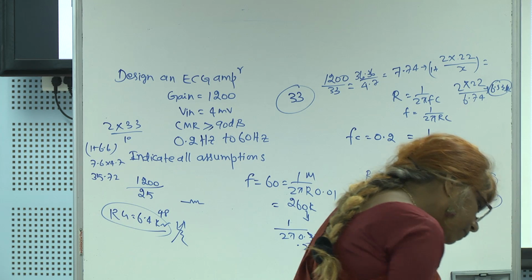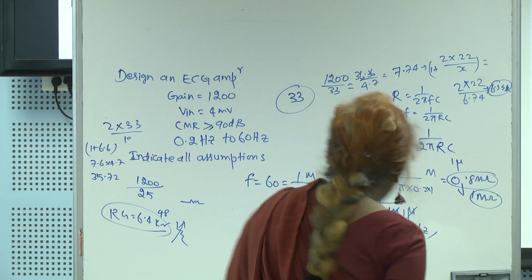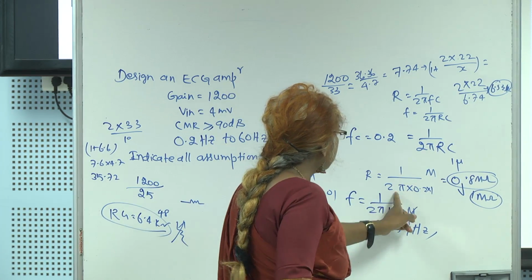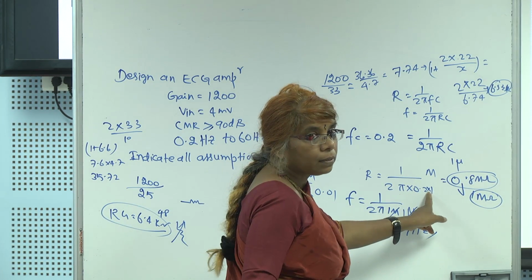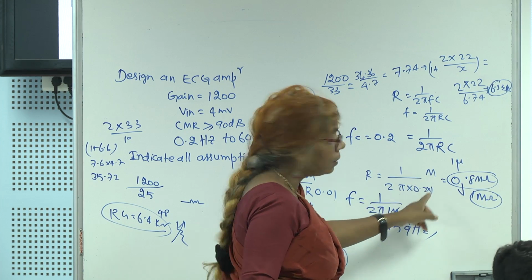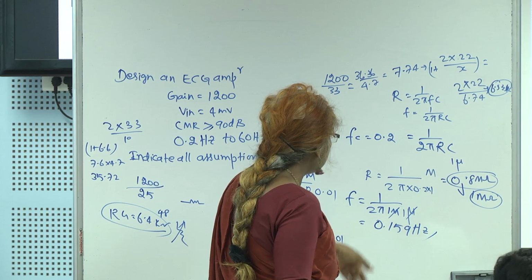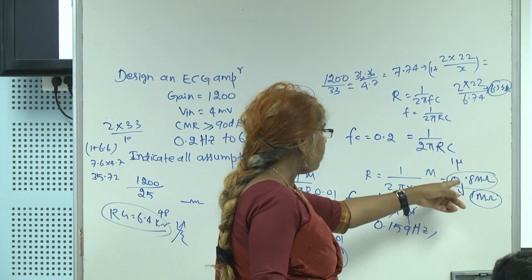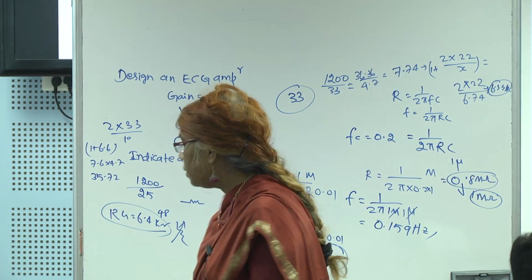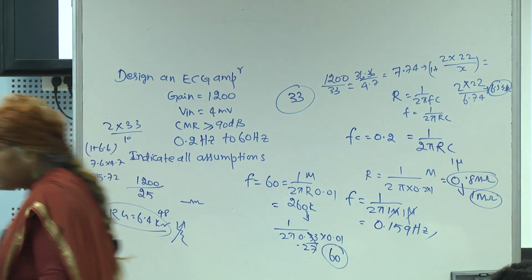No, check it out. You should get 0.8 megohm. I got 1 over 2 pi, 0.2 times 1. 1 micro, I put the meg here. So you have all the numbers here. You should get 0.8 megohm and 1 meg. Okay, he is done. What about you?